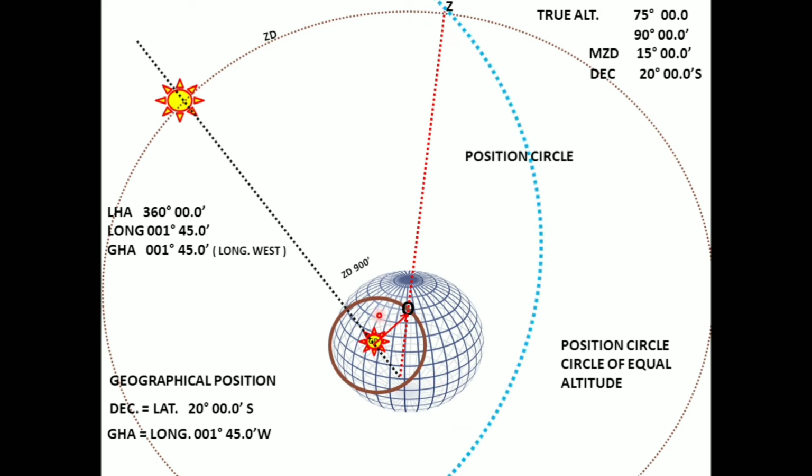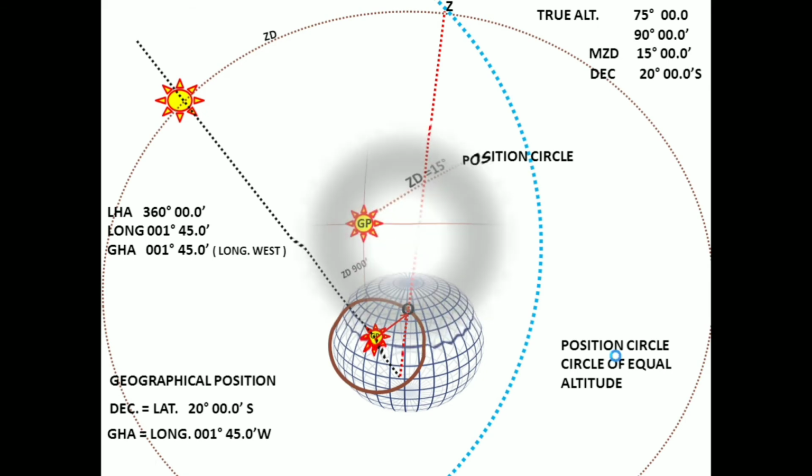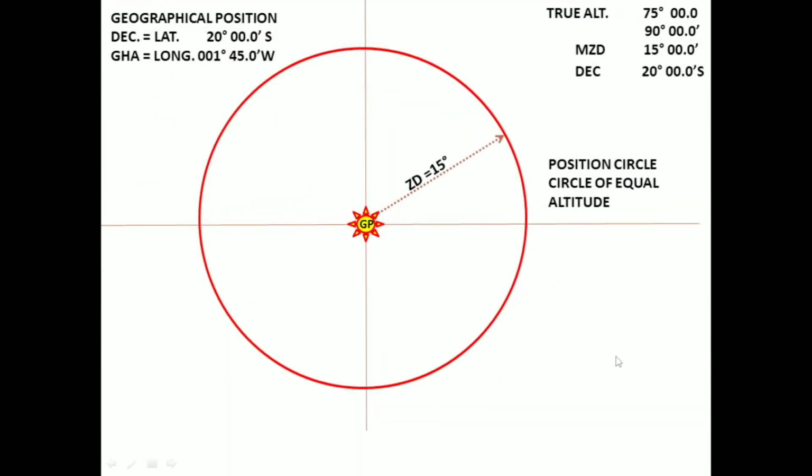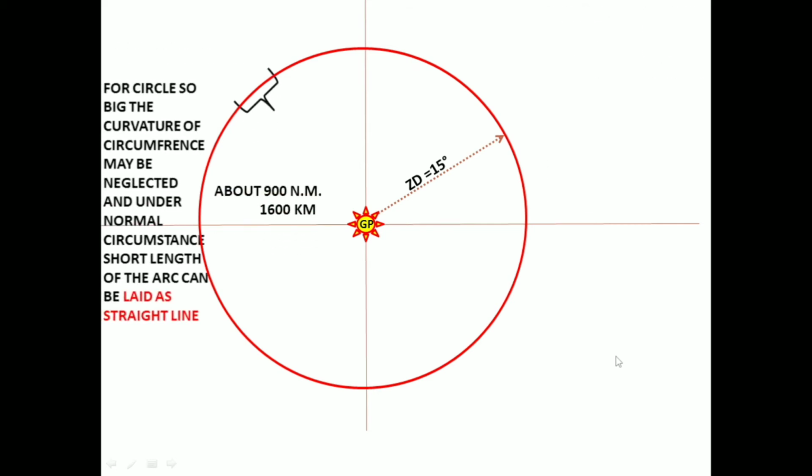And I've just projected this circle onto the celestial sphere here. Now this is a circle we have made with a zenith distance of 15 degrees, which is a circle of about 1600 kilometers. You can figure out here.